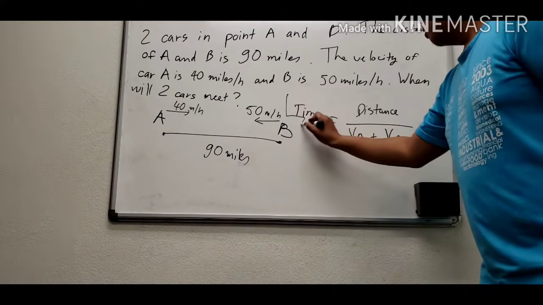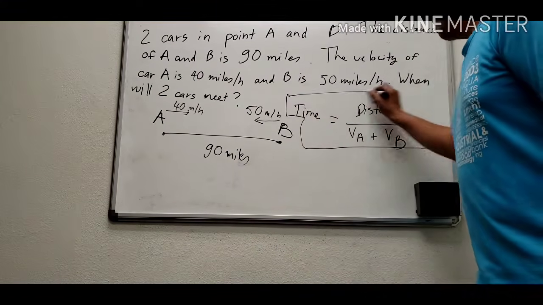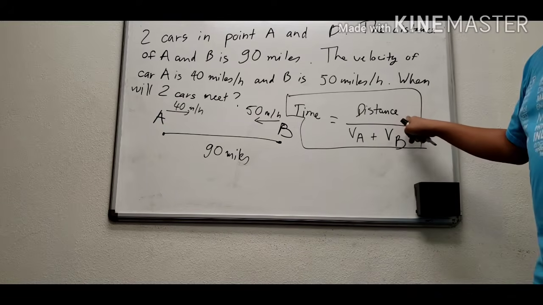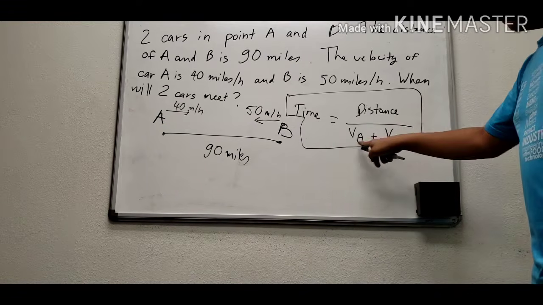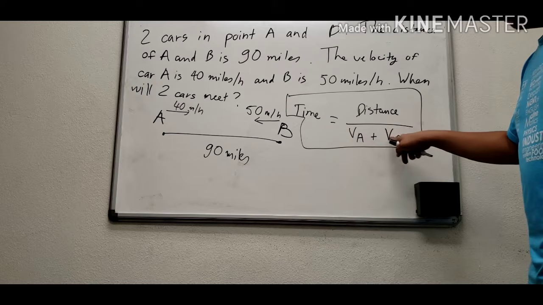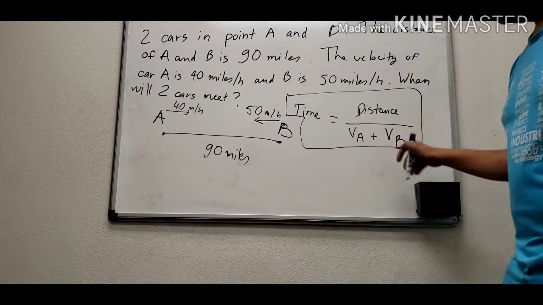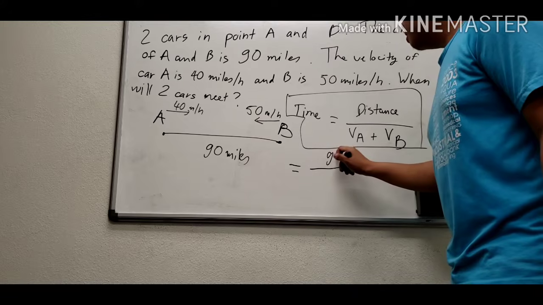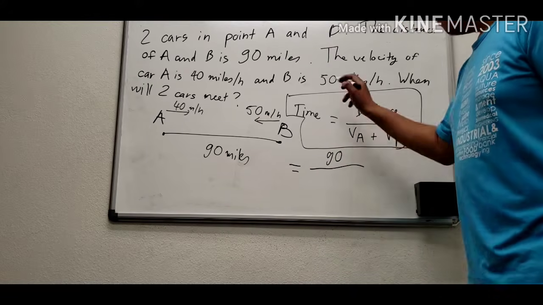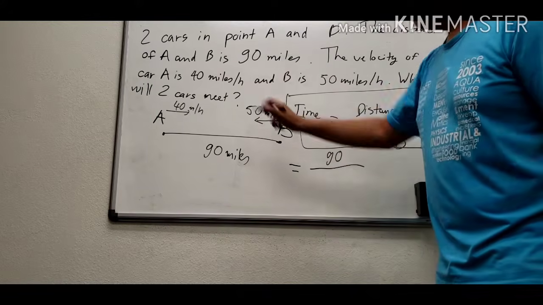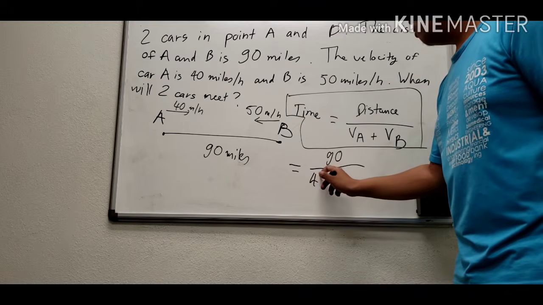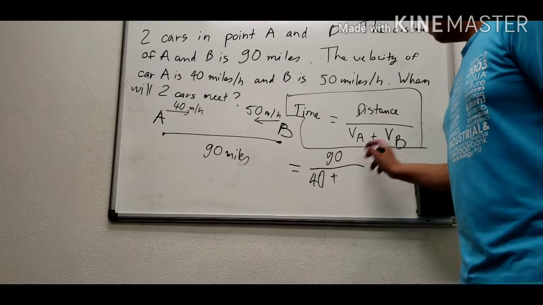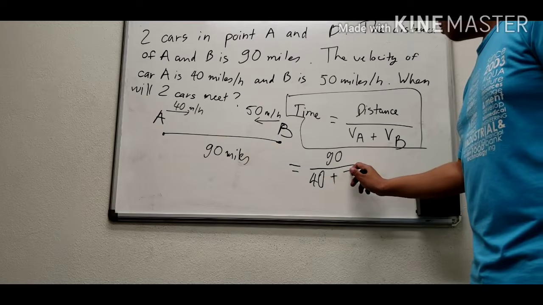The formula to calculate the time they meet together is the distance divided by velocity A plus velocity B. So the distance here is 90 miles, velocity A is 40 miles per hour, and velocity B is 50.